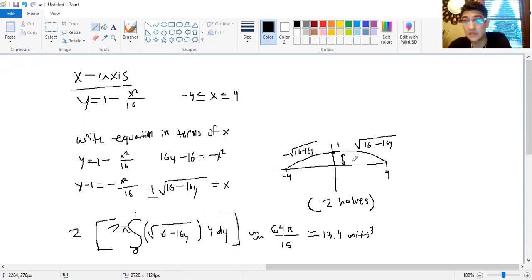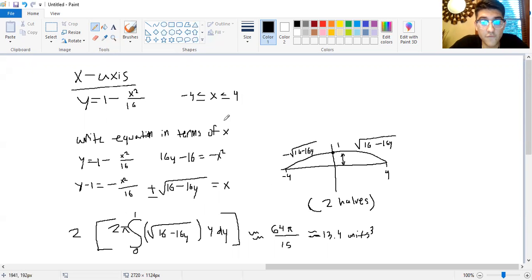On the other side, from 0 to 4, the radius is positive. Now, it's hard to calculate a negative radius. Since both halves are equal, I'm going to take one half and multiply it by 2.